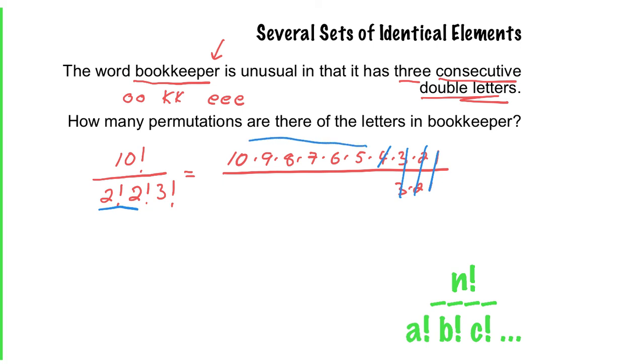And so you just have this left to multiply through. And that value is going to be 27,720. You could also look at the remainder and say, you know what? That is 10P6, or 10 times 9 times 8 times 7 times 6 times 5. And you'll get the same result.